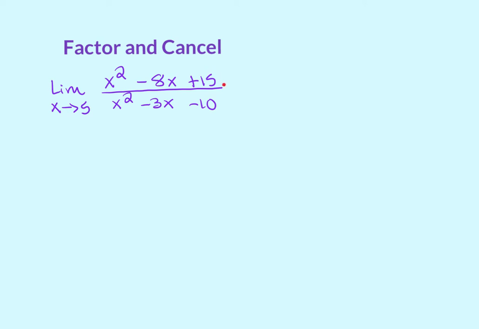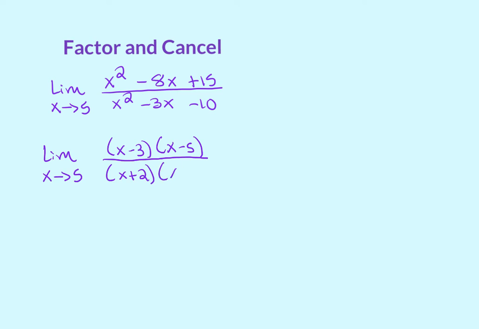So what we're going to do is factor our rational function and then see if anything cancels. So let's look. I've got the limit as x approaches 5. If I factor the numerator, I'll have x minus 3 times x minus 5. And if you factor the denominator, you'll have x plus 2 times x minus 5. So now the x minus 5 cancels.